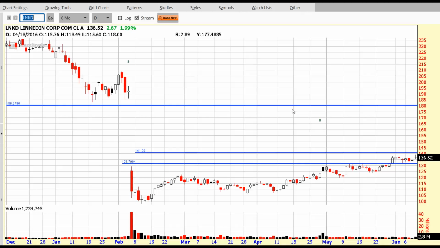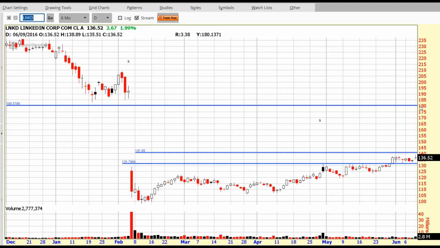We are conservative traders, not greedy traders. We don't want to maximize profit. 180 is approximately one price action value down, based on the current price action value, one price action value upwards on top. So 180 is our so-called major resistance. If we come close to 180, we will start taking profits.